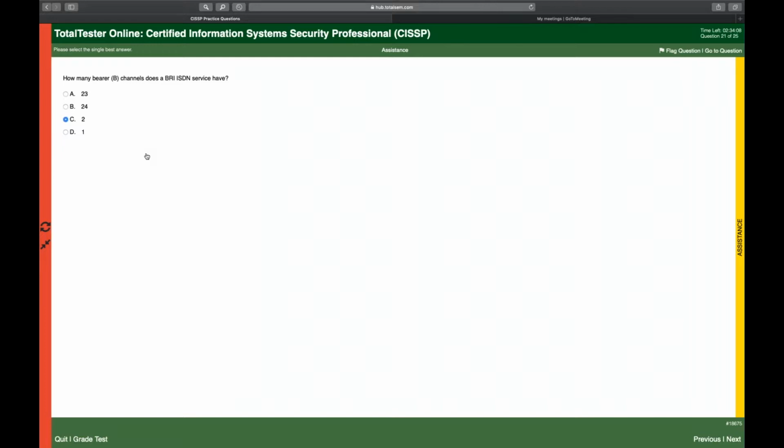You have 2 data channels and a bearer channel. Should that be Delta? Well, no, you have 2 bearer channels and a data channel. The data channel is for the connection to sync up, and then you have your information going back and forth.